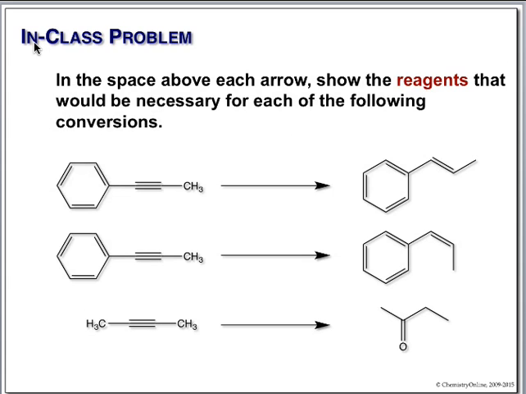All right. This is kind of baby synthesis. All I'm asking you to do here is to start with something on this side and make these molecules. What I want you to do is simply put in the reaction conditions.